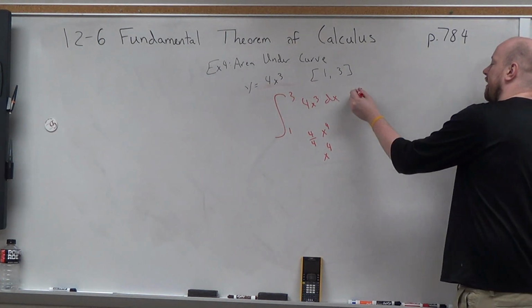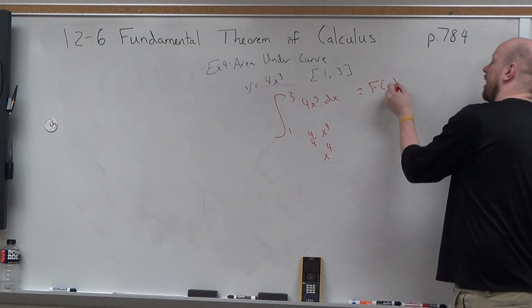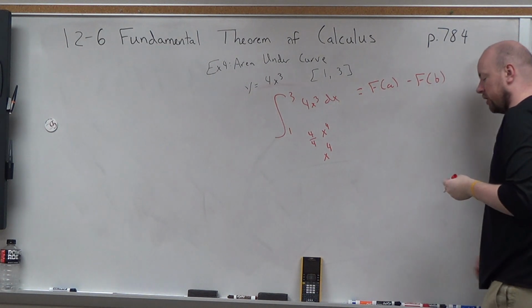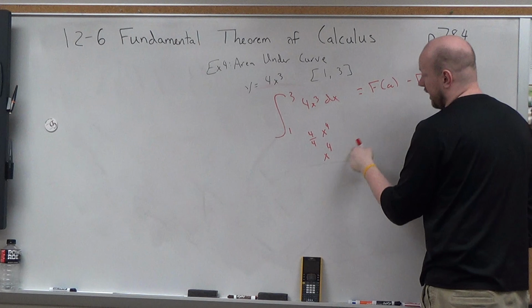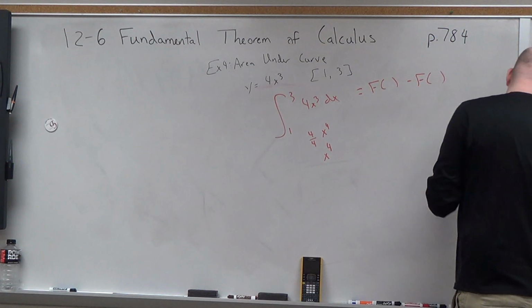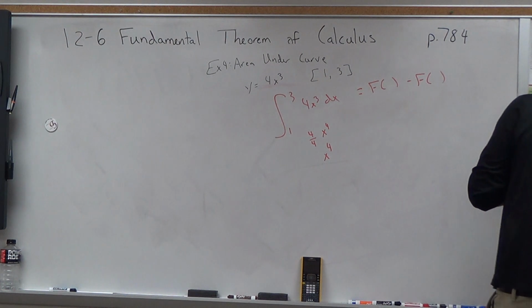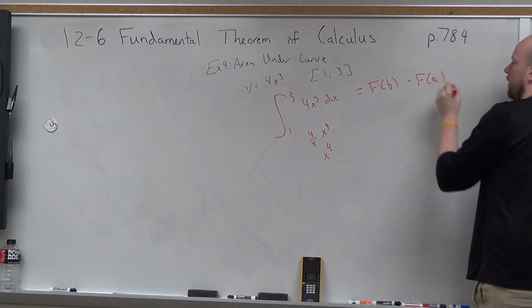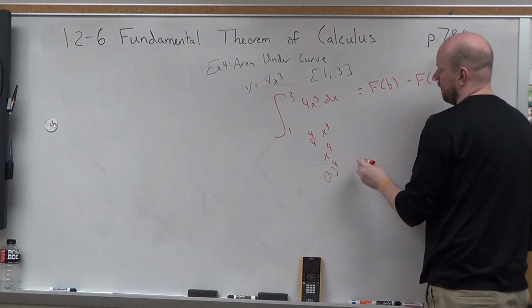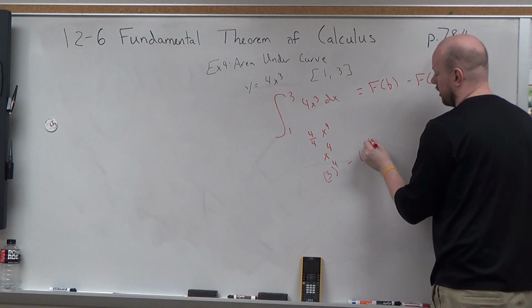Now, remember, I have to do the antiderivative of b minus the antiderivative of a. It is b minus a. So I get 3 to the 4th minus 1 to the 4th.